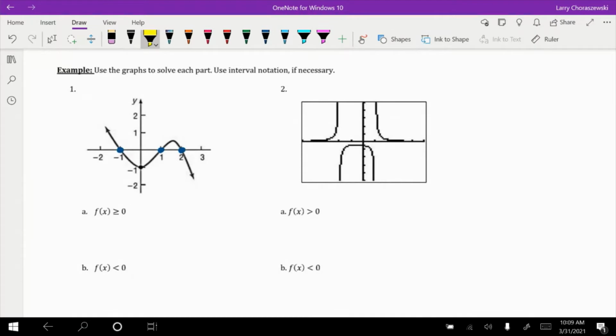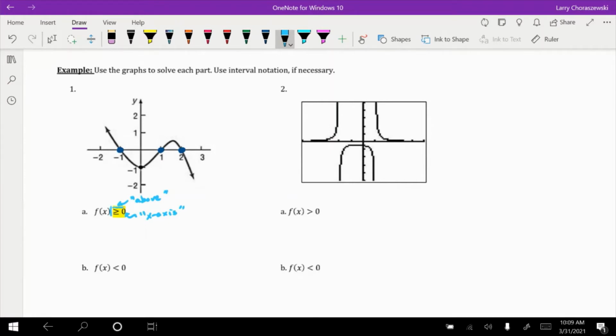When trying to solve an inequality such as f of x is greater than or equal to 0, the greater than symbol can be akin to the word above. And the number 0 itself will be representative of the x-axis.